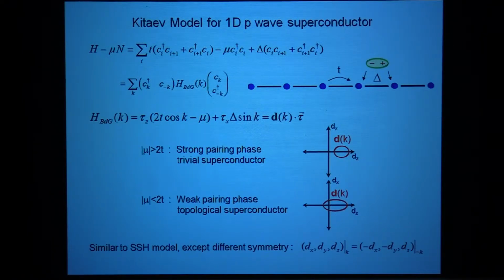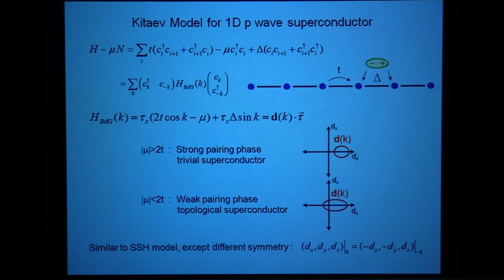Okay, and so this is spinless electrons on a one-dimensional lattice, and since the electrons are fermions, this pairing term is necessarily a p-wave pairing term.